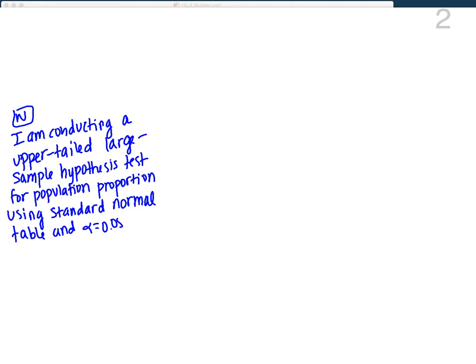And alpha equals 0.05. Proportion is always going to use the standard normal table. Alpha is the significance level.